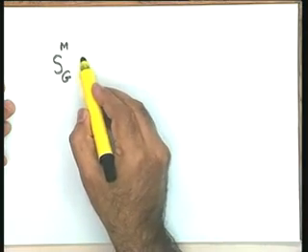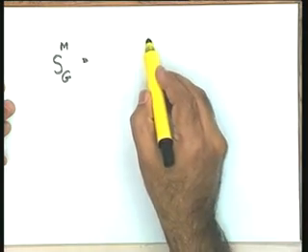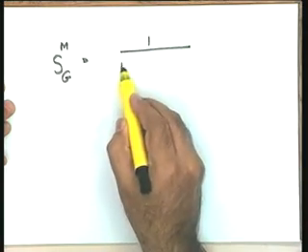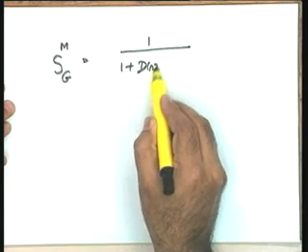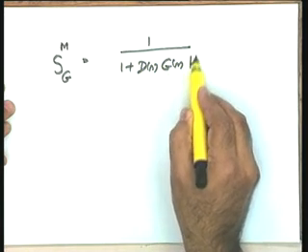Okay? This, if you recall, was derived to be equal to 1 over 1 plus D(s)G(s)H(s).